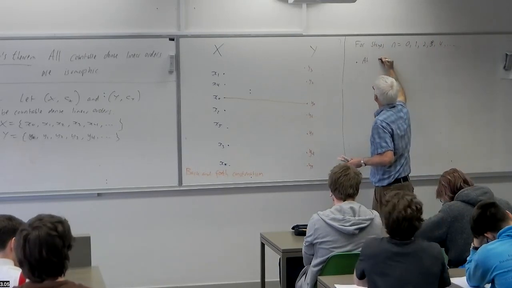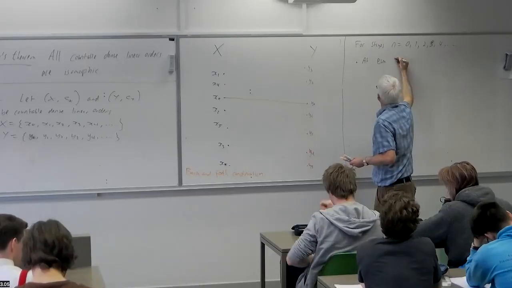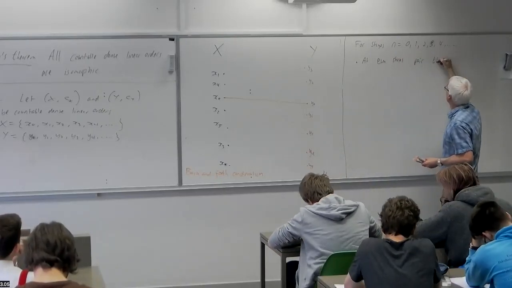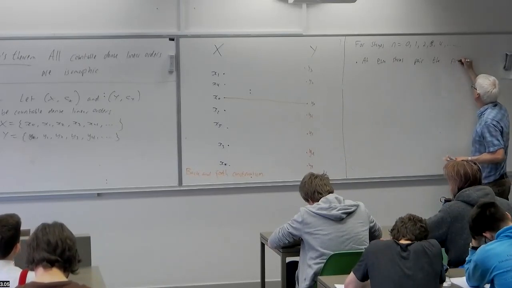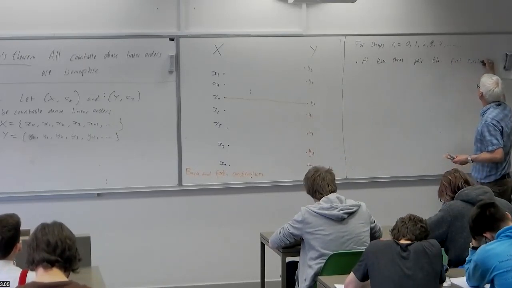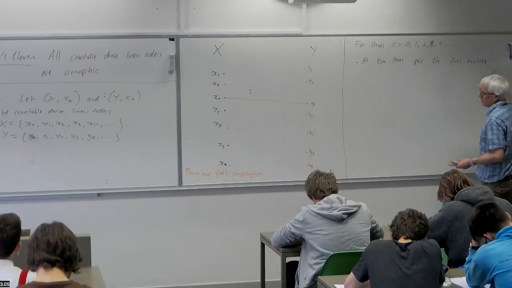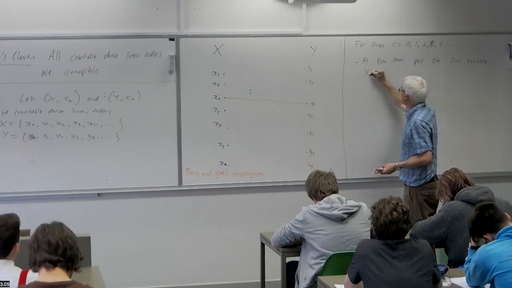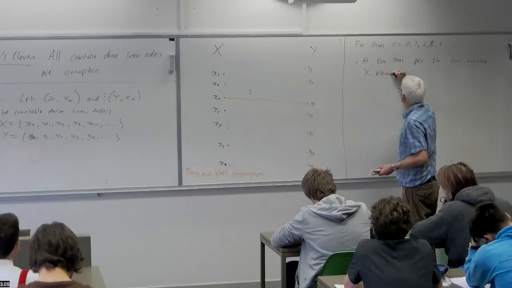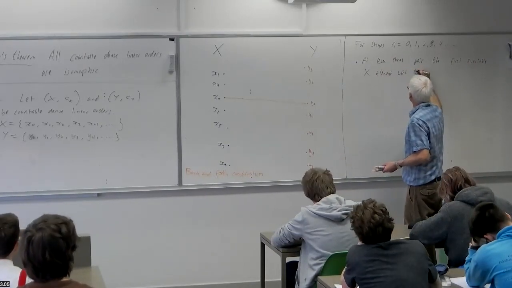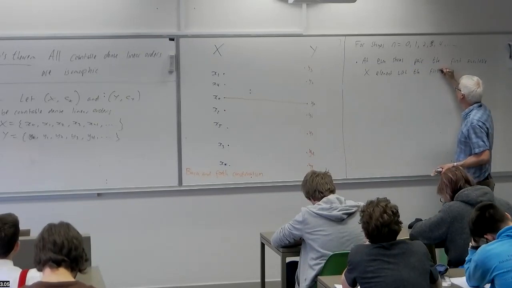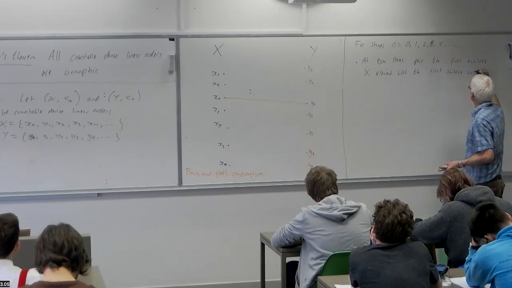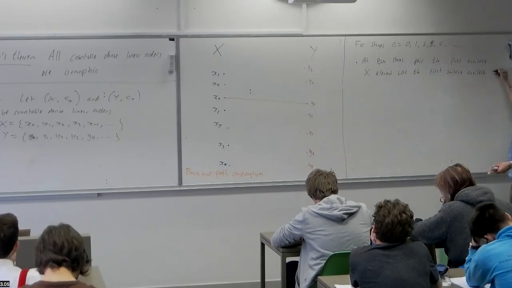At even stages, we pair the first available X element, where first means lowest in the enumeration, with the first suitable available Y element.